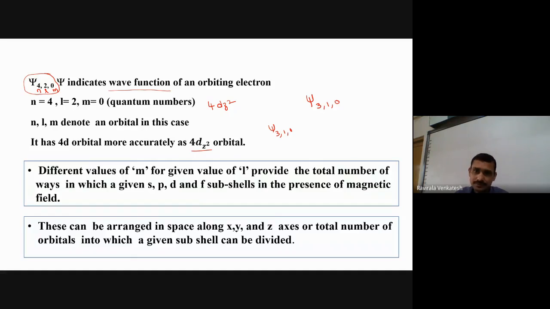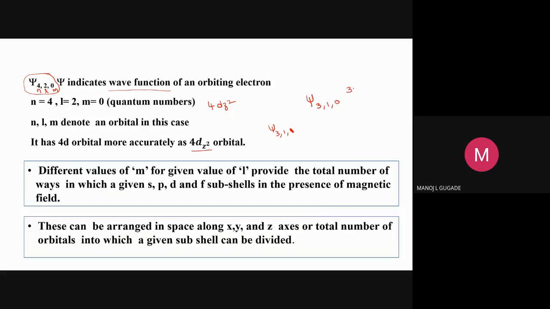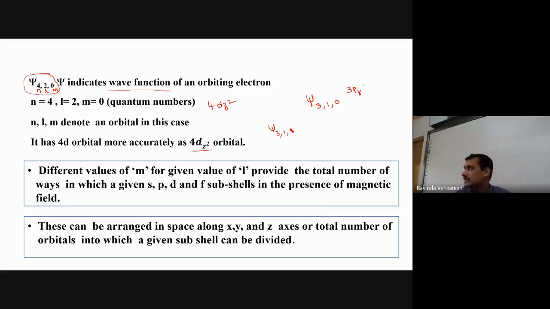Now tell me which orbital it is. Speak out, all of you. P. So 3p z square? 3pz only. Z square is not there in the p orbital. 3pz orbital it is.